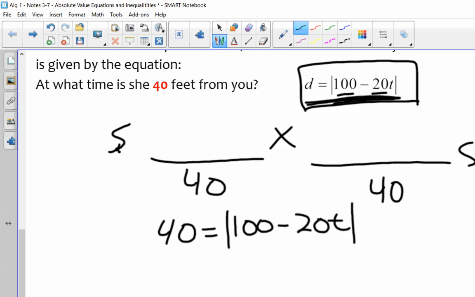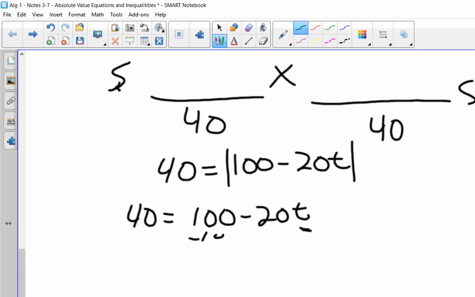Okay, first time when I solve it, I ignore the bars. And I'm really solving it for t. So that means I'm going to have to subtract 100 from both sides, and I get this.